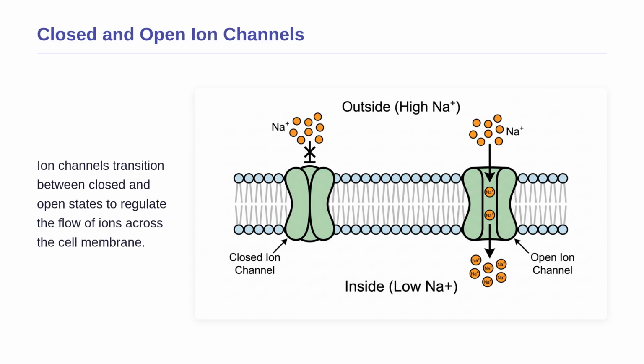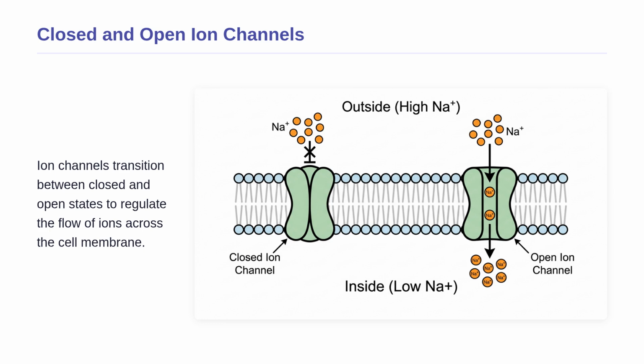Before we move on to the mathematics, let us see this gating process visually with a concrete diagram. On the screen, you are looking at a cross-section of the cell membrane. On the left, you can see a closed ion channel. Notice how the orange sodium ions are highly concentrated on the outside, but they can't pass through the blocked pore.